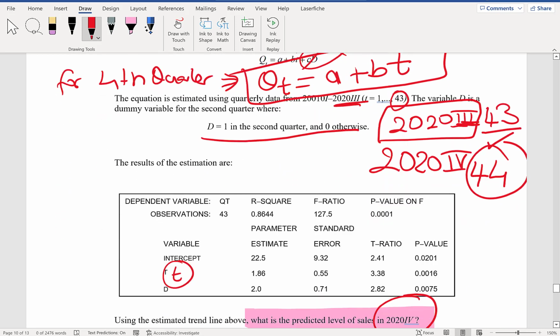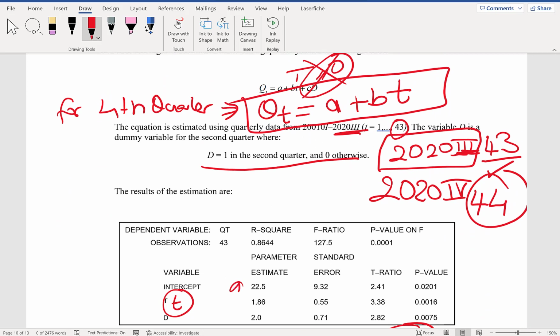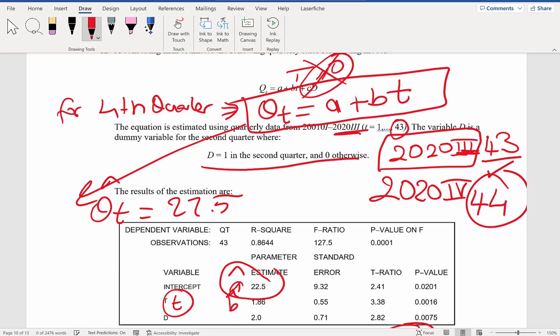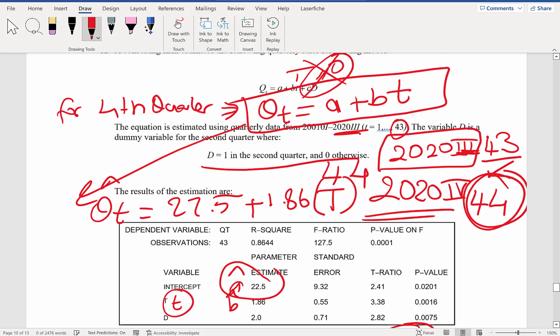Let's plug in the numbers from the table. A hat is here, B hat is here. I don't need C hat. So QT equals 22.5 plus 1.86 times t, or small t, big T, doesn't matter. They interchange the notation, which is kind of weird. Because we're talking about the 2020 fourth quarter, you need to plug in 44 when you see t here.